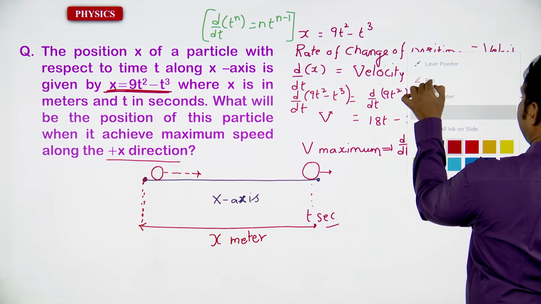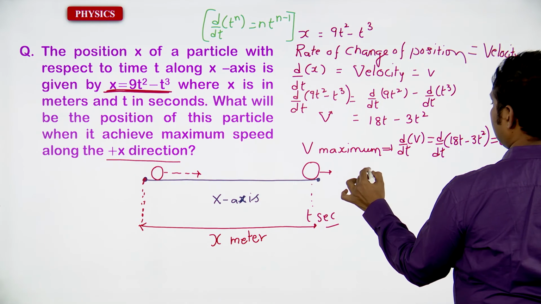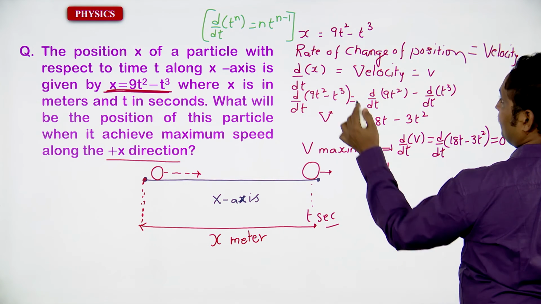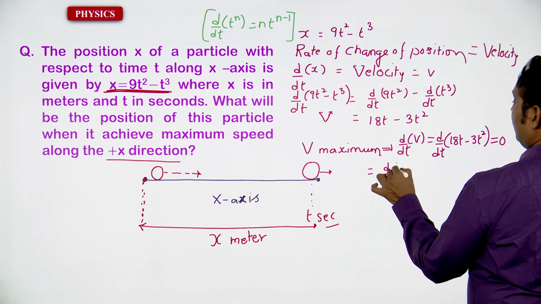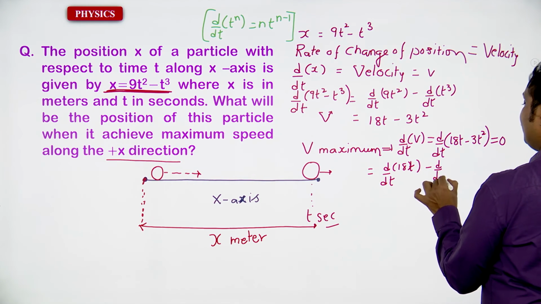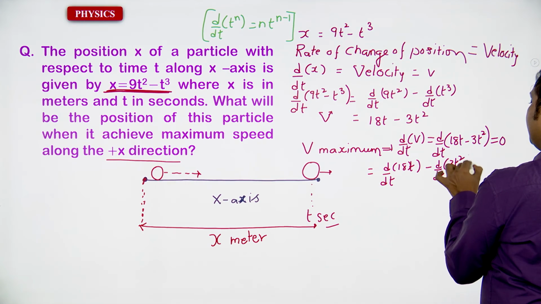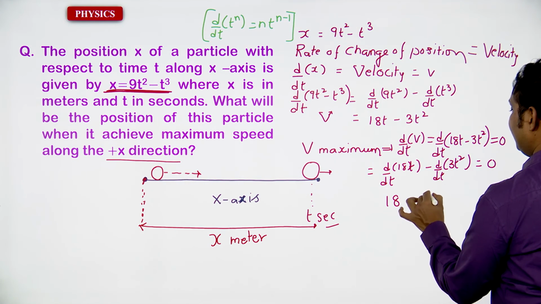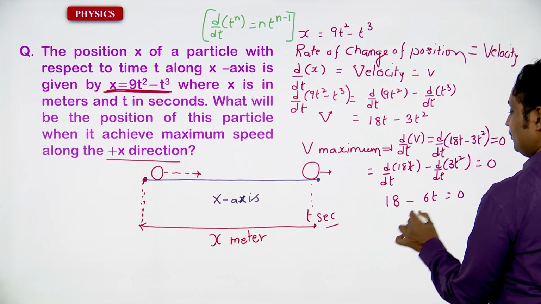You have to write down that is equal to d by dt of 18t minus d by dt of 3t square is equal to 0. Therefore, 18 minus 6t is equal to 0.